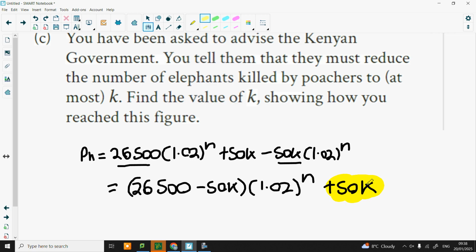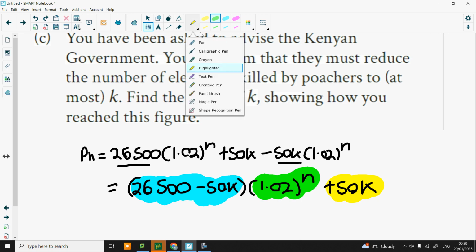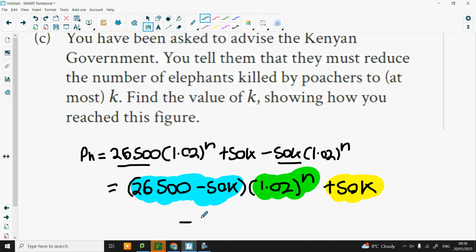Okay. Would you all agree that this part is always positive? What we're worried about is what happens if this is negative? What happens if the blue part's negative? And what will happen is, see the green part? The green part will make that blue number bigger and bigger and bigger.